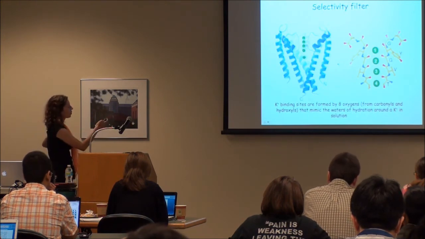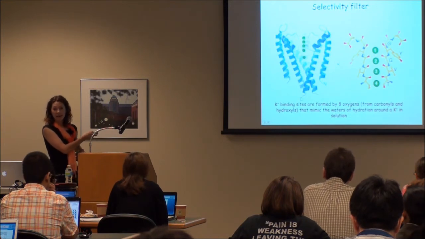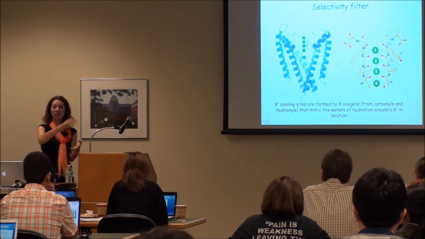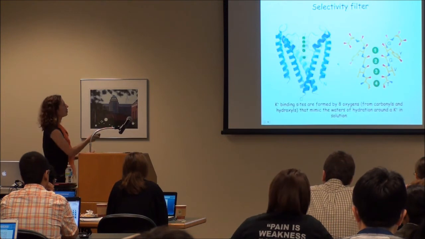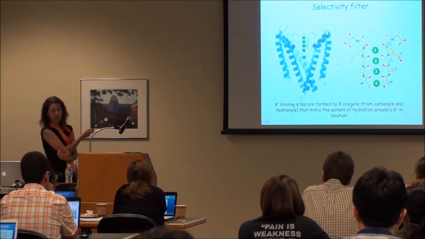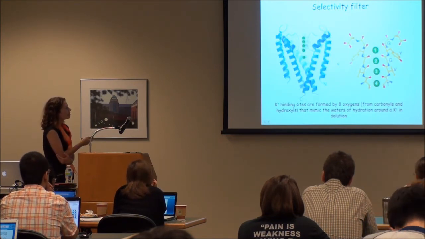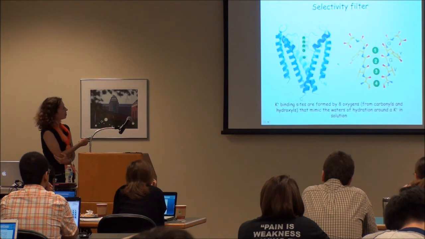Now this selectivity filter is very narrow, and it doesn't allow ions to come in with their waters of hydration. So in order for ions to go from this side of the membrane to the other side, they have to shed their waters. This happens in the selectivity filter. They shed the waters and go through here, and then they come back up and rehydrate.